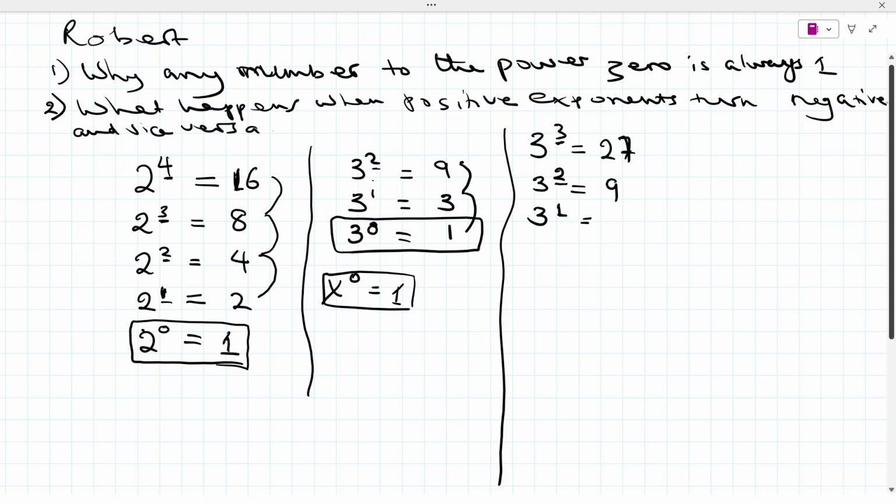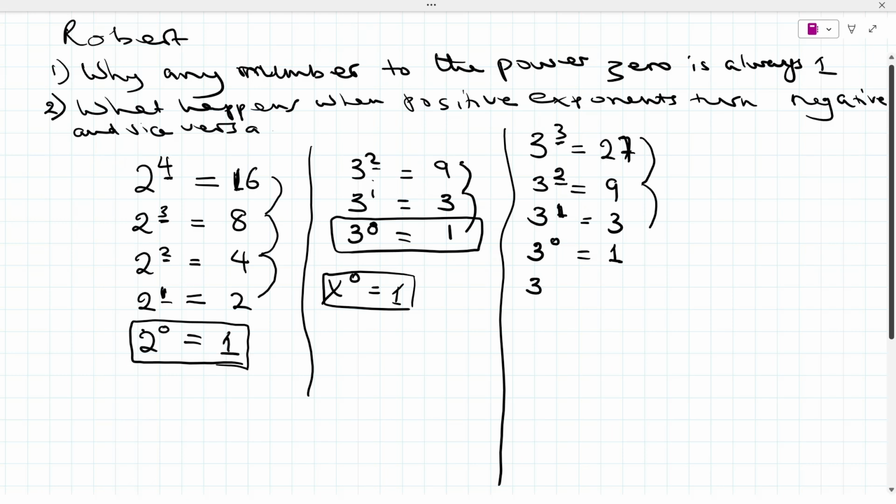And this will give us a value that we can get by following the pattern here. Divide by 3, you get 9. Divide by 3, you get 3. And we found that when you reduce the power to 0, in this case 3 to the power 0, the value should be 1. Now, if we went further to reduce our exponent, something else happens.